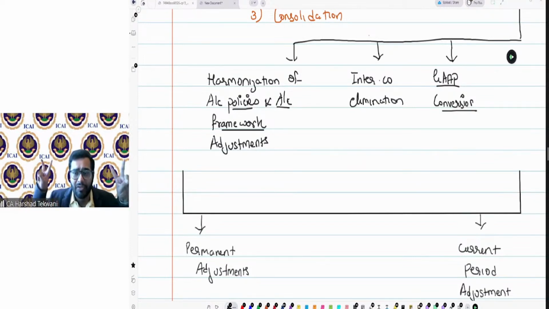At the end, my target is to audit the consolidated financial statement, and for that I should be aware what adjustments have been passed. Clear? Any doubt, guys?